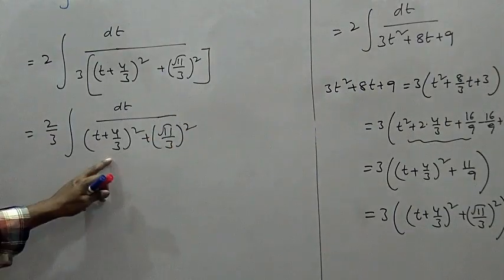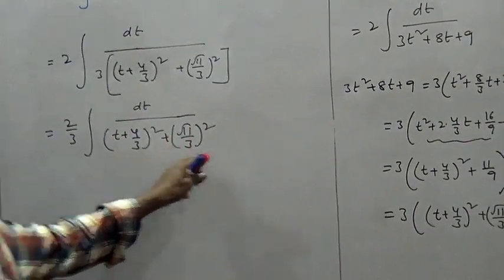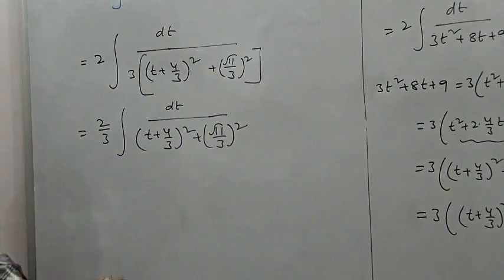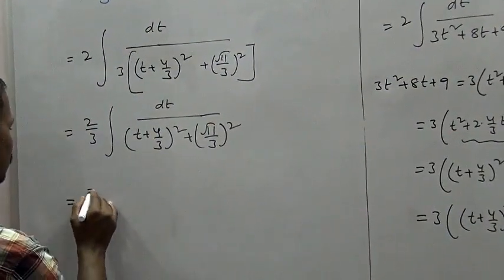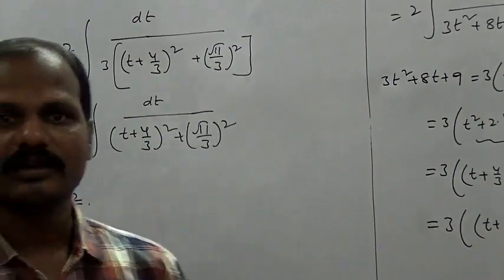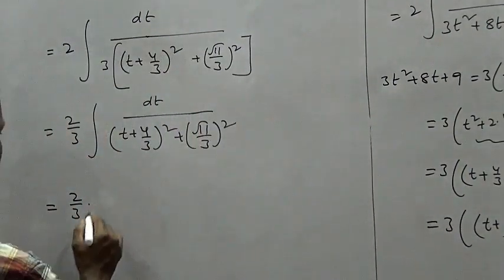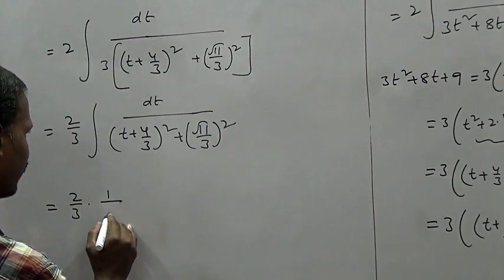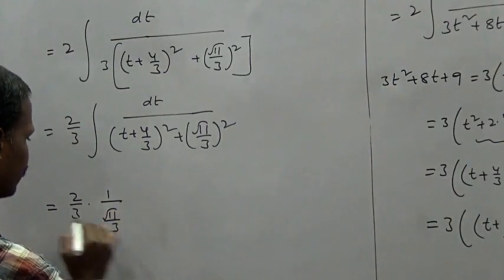Okay. Now this is of the form integral 1 by x square plus a square. So this is equal to 2 by 3, which is 1 by a tan inverse x by a. So 1 by a, what is the a value? Root 11 by 3.